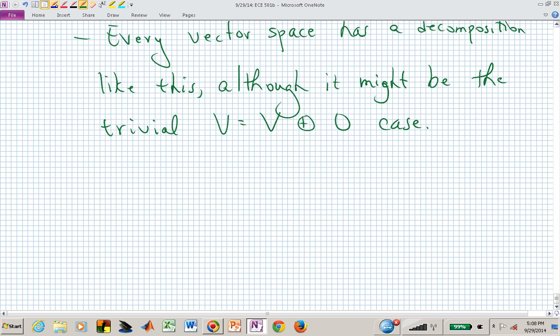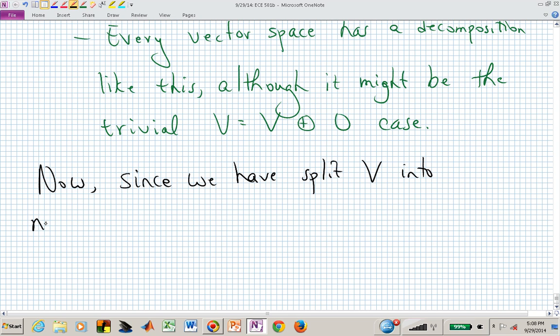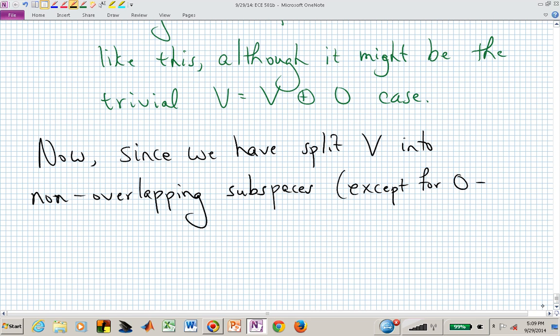Now, what the book starts talking about, now that we have these subspaces, we want to take vectors from these subspaces and operate on those by our linear map, or the linear transformation T, or this matrix representation of that, A. Now, since we have split, let's say, the vector space V into non-overlapping subspaces, except for 0.